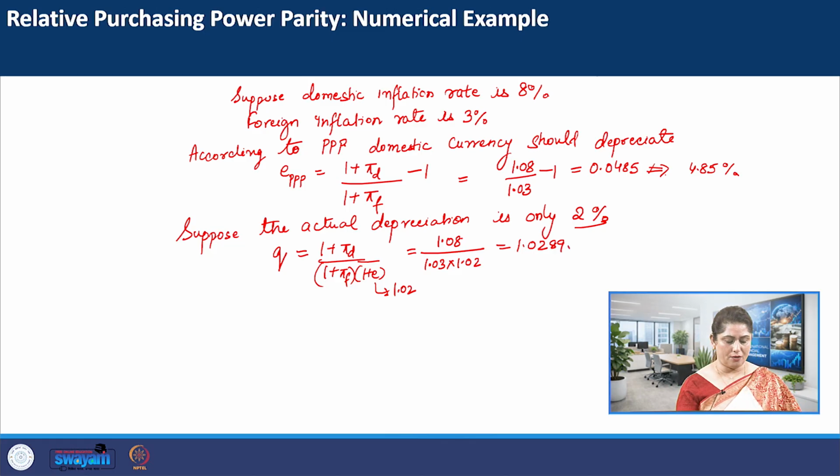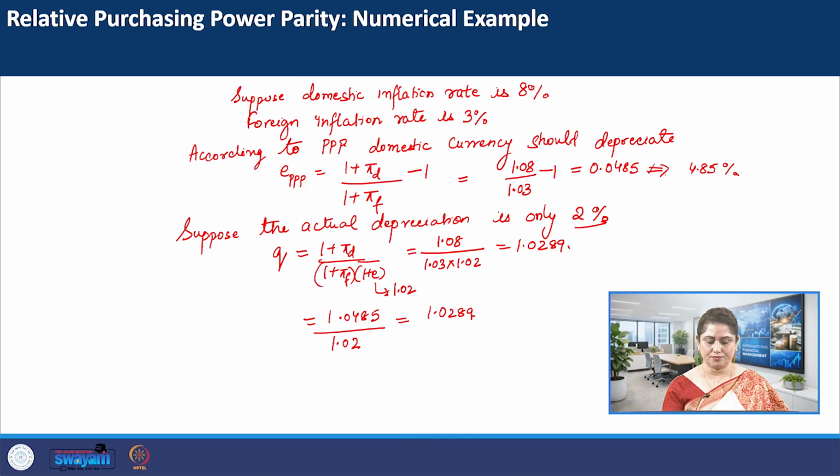There is another way of calculating this: 1.0485 divided by 1.02, which gives us 1.0289. This means that this is our E PPP, which is what we were expecting, and this is what we are actually having, that is the E.